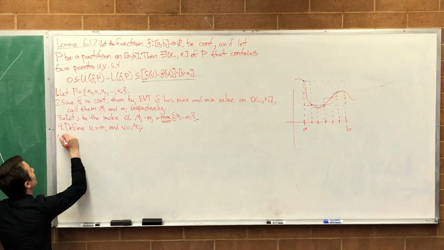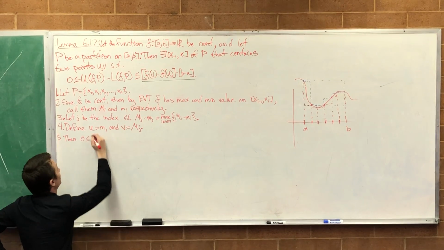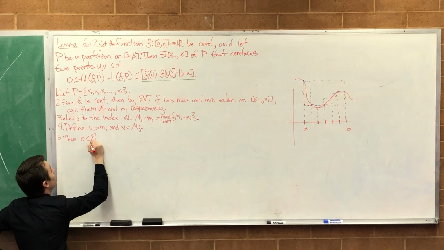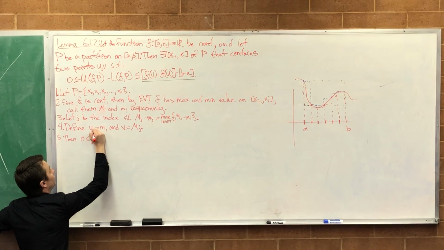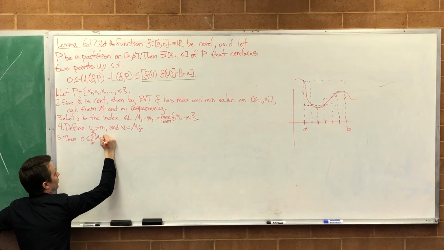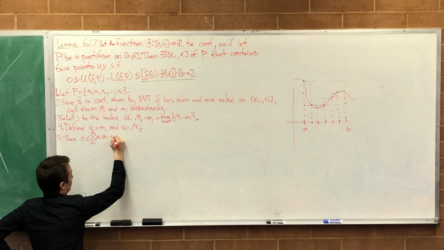So 5. Then 0 is less than or equal to our upper Darboux sum from I equals 1 to n of big M sub I times x sub I minus x sub I minus 1.